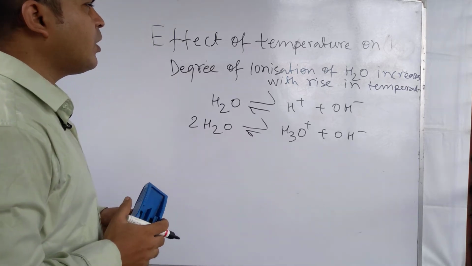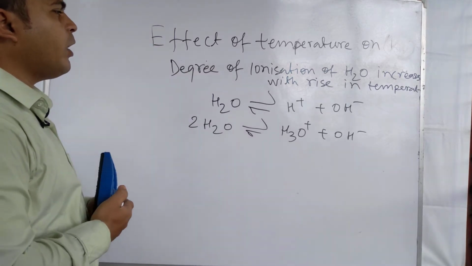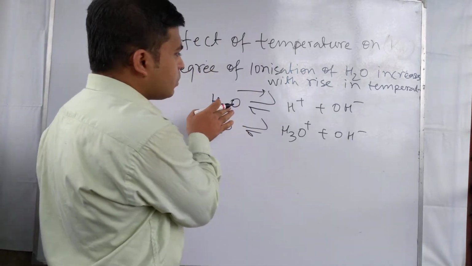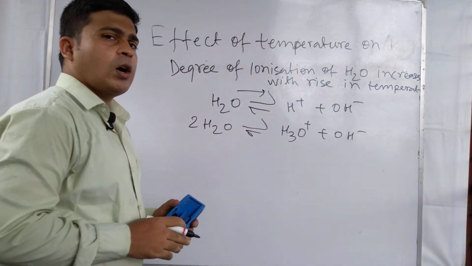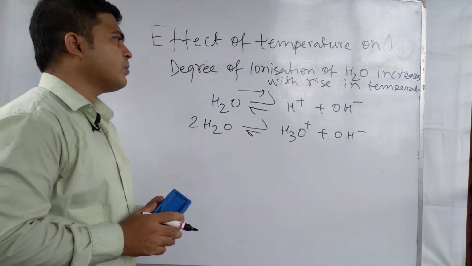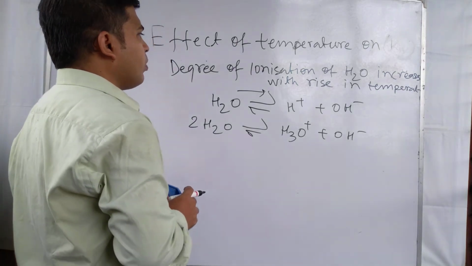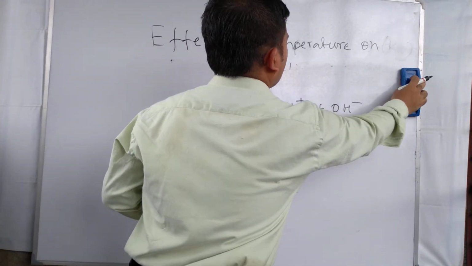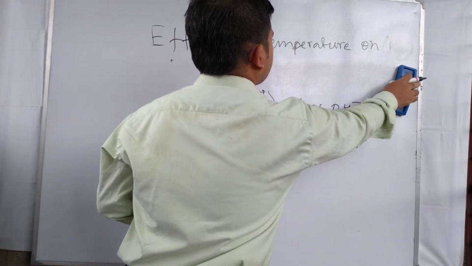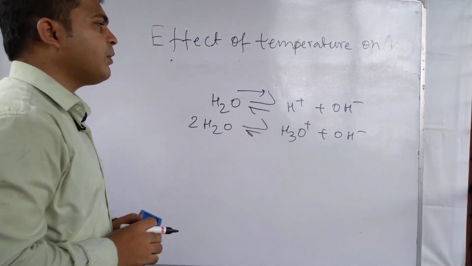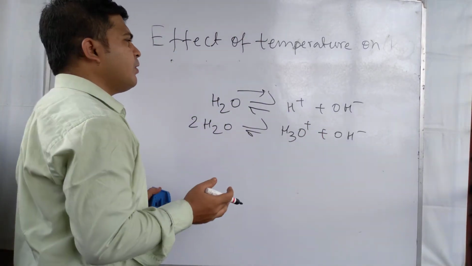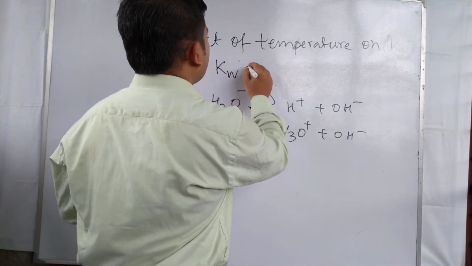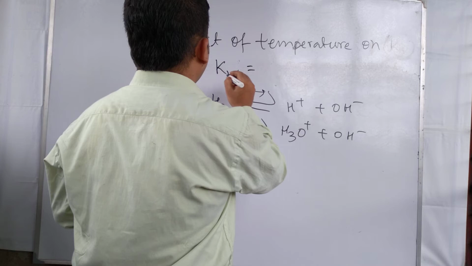That means more products form with rise in temperature. So as a result, the ionic product increases, as the concentrations of H+ ion and OH- ion are increasing with rise in temperature.